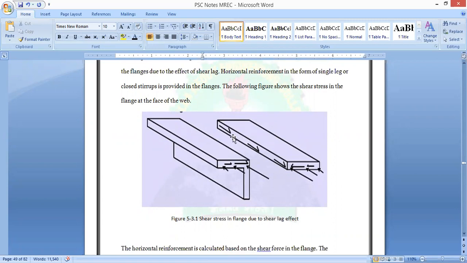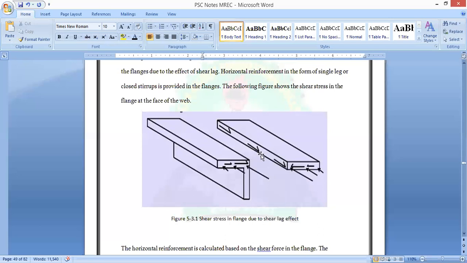Why? Because all forces, even in the flanges and the web, will be in the form of tangential action. You can see here how the force is. The force is not acting perpendicular to the plane, it is acting on the plane.